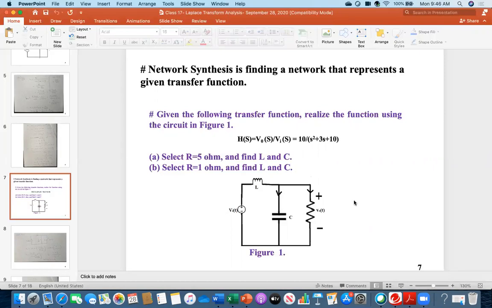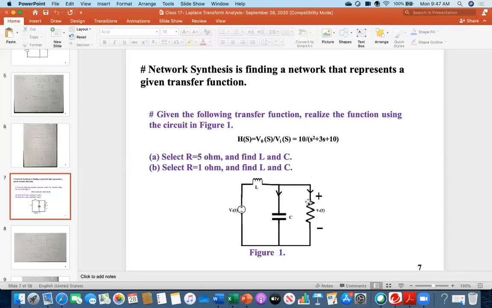And then one by one, point by point, we will compare with this one. What is my numerator here? That numerator will be 10. And then I have to express it in this format, like s square plus some constant s plus some constant value. Exactly point by point we will compare, and then you can find out this thing.